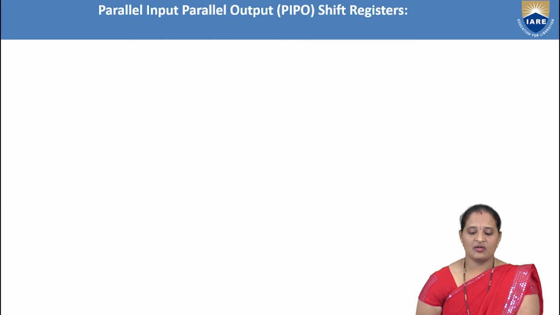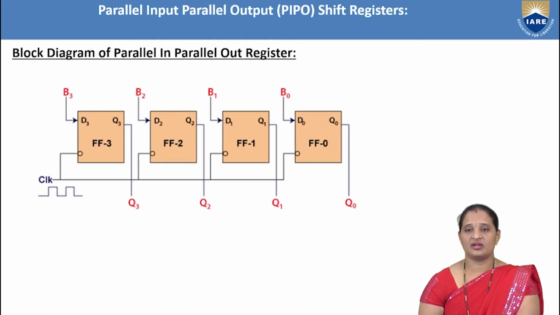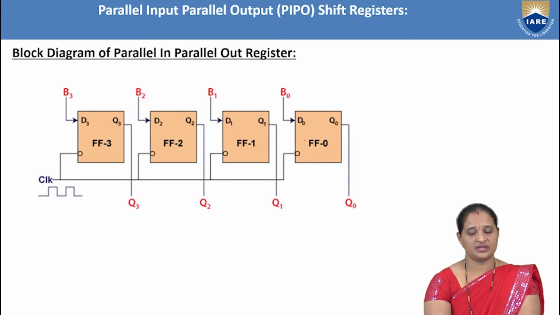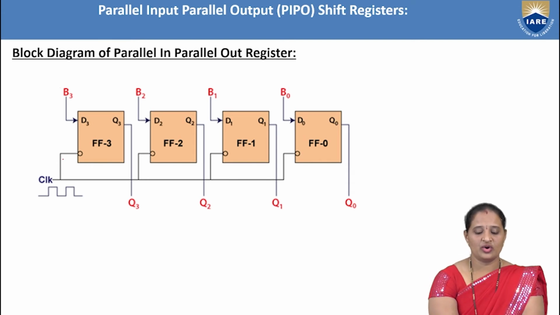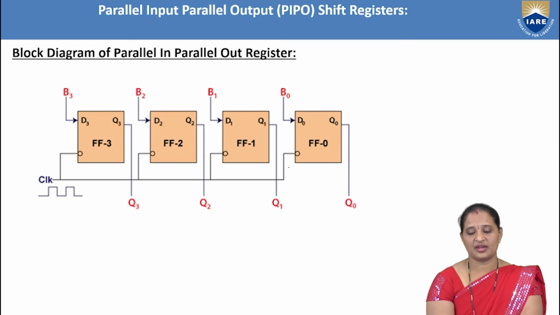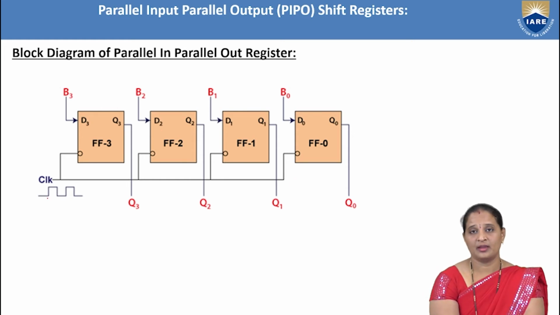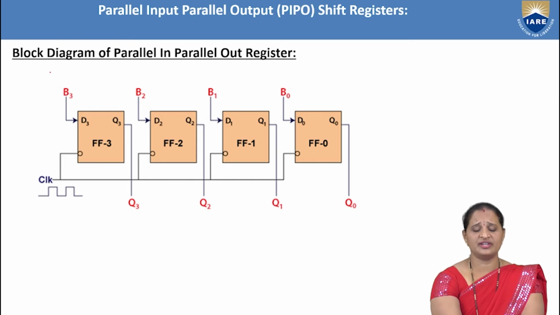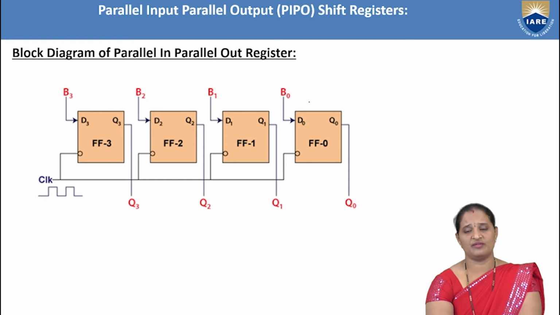Now let us see the structure of this shift register, which is operating in parallel out mode. So we have a 4-bit shift register which operates in PIPO mode, in which all the flip-flops are connected to the same clock, and we are applying all the flip-flops with different data B3, B2, B1 and B0.